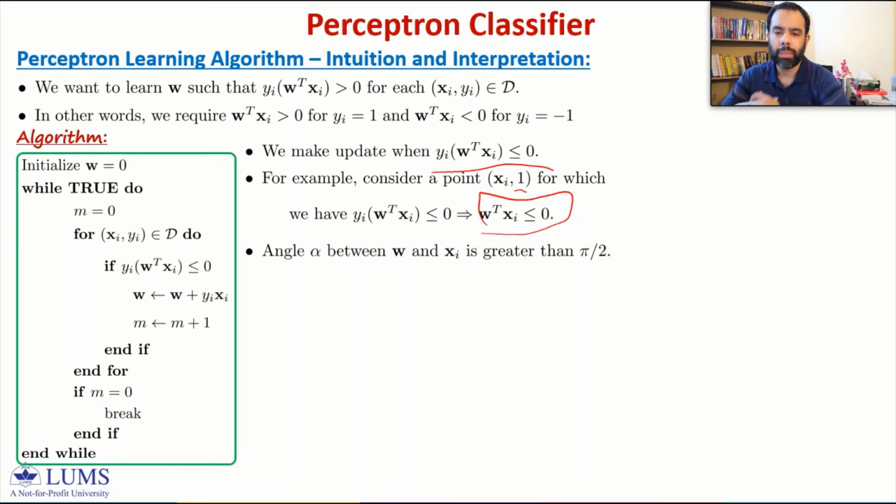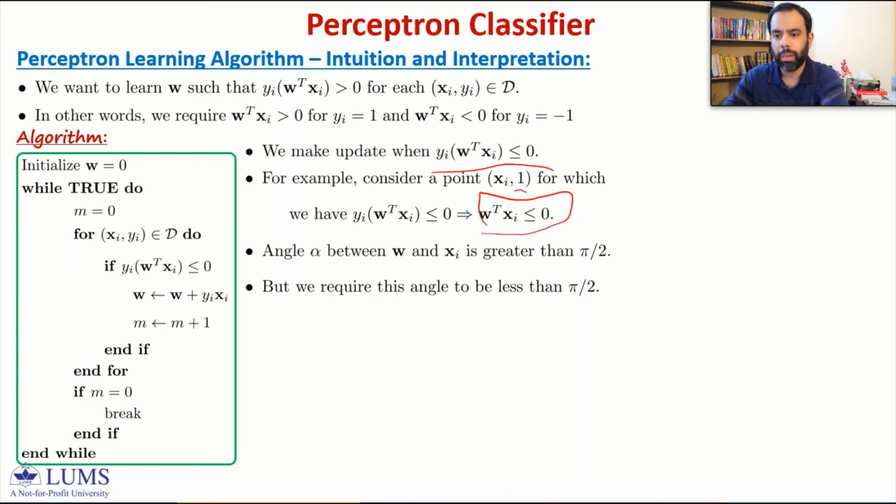This xi was supposed to be on the side where W transpose x is greater than 0 because the label is 1. But this point is appearing on the wrong side of the hyperplane. The angle between W and xi is greater than pi by 2. Right?